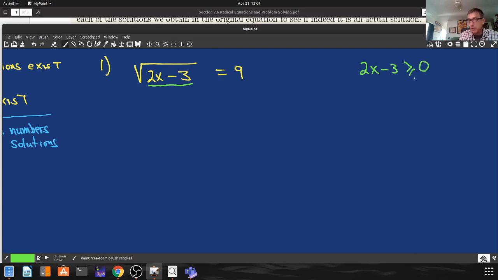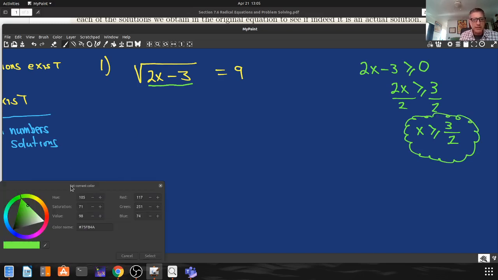So I'm going to go ahead and solve this inequality. Why? Because the square root of a negative number is not a real number, and we're looking for real number solutions. This gives me 2x is greater than or equal to 3. And now I'm going to divide both sides by 2. So that means whatever value of x I get, it has to be greater than or equal to 3/2. If it's not greater than or equal to 3/2, I can immediately throw it away.